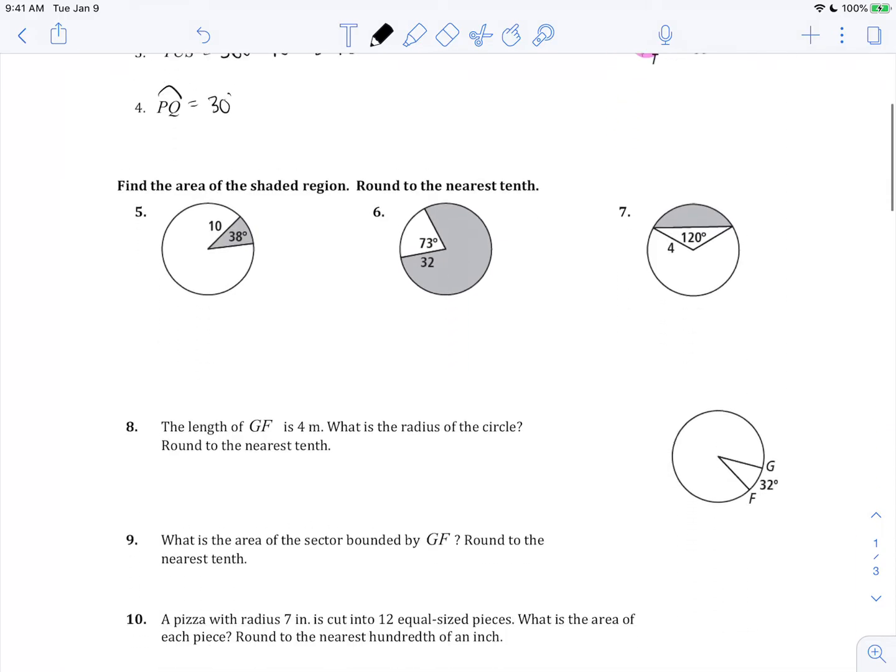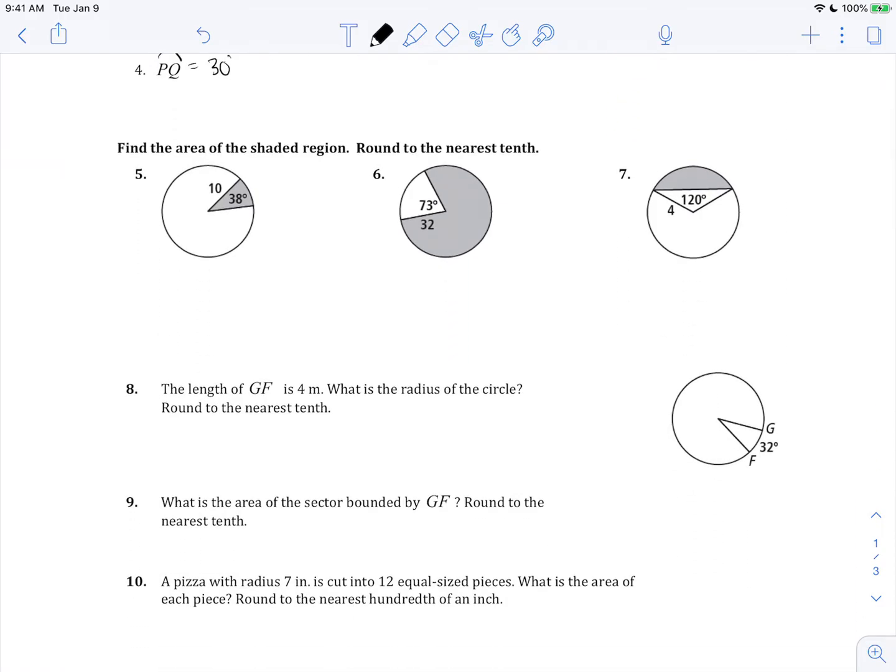Cool. All right, find the area of the shaded region, round to the tenth place. So to get the area, you do the fraction of the circle, so degrees over 360 times the equation for area of a circle, pi r squared. Awesome.